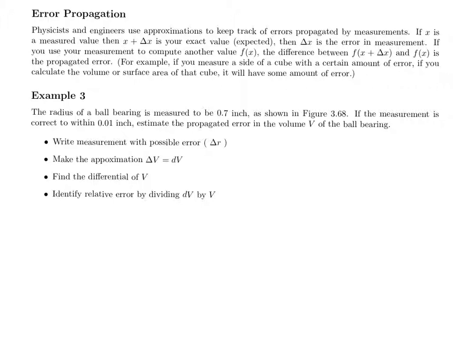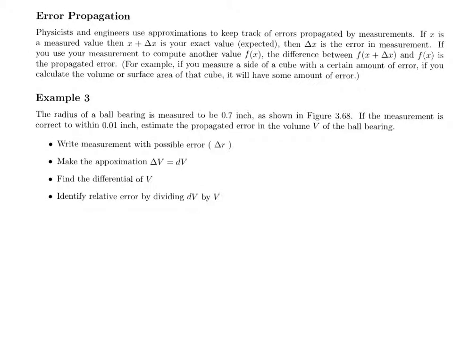Differentials, we can use those to talk about error propagation. Propagation has to do with something going from one place to the next. So error continues and actually gets magnified the more calculations you do with it. What we do is we assume that our x value is what we measure, and we know that all measurements have some error.